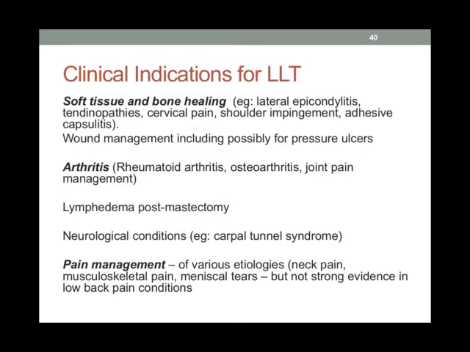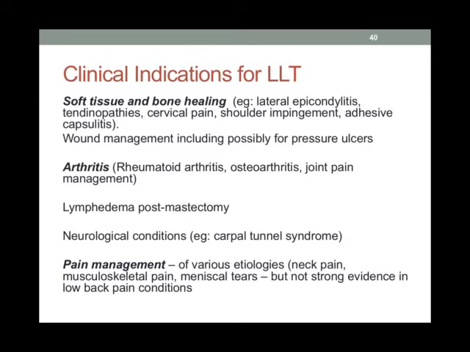It can also be used for wound management, including possibly for pressure ulcers, and some of the recommendations are around rheumatoid arthritis, and it should be used when somebody has rheumatoid arthritis of superficial joints. It can also be used for osteoarthritis and for joint pain management. We'll also use it for pain management of various etiologies, so neck pain, other musculoskeletal pain.